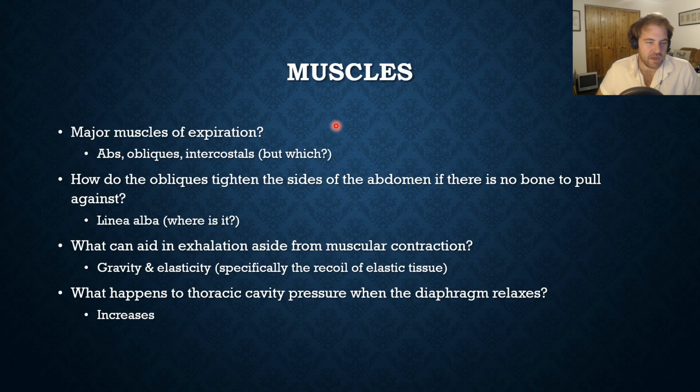Okay, what can aid in exhalation aside from muscular contraction? So if we want to blow out like that, we're going to tighten up some intercostals, some abs, etc. But if we want to just breathe out, we've got gravity, which is going to pull down on the rib cage, and we've also got elasticity, the recoil of the elastic tissue that we've spread out to take in a breath, right?